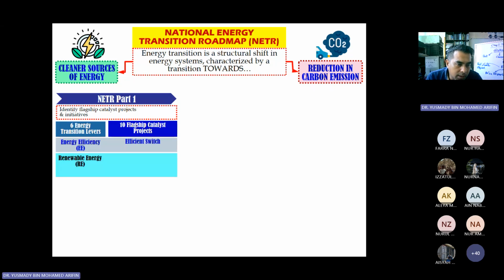Under the renewable energy category, we need to create renewable energy zones, store the energy produced by the renewable energy zones, and also secure the energy supply based on renewable energy. Number 3, hydrogen.